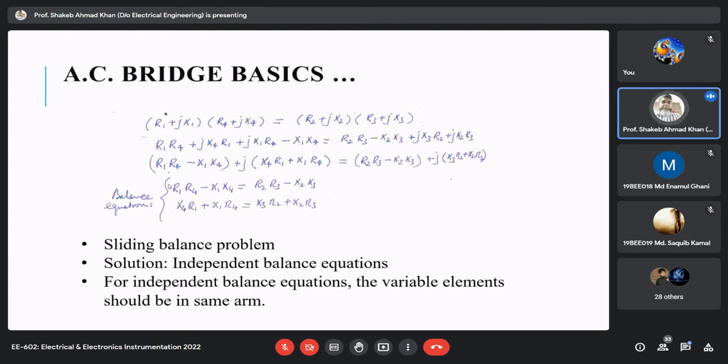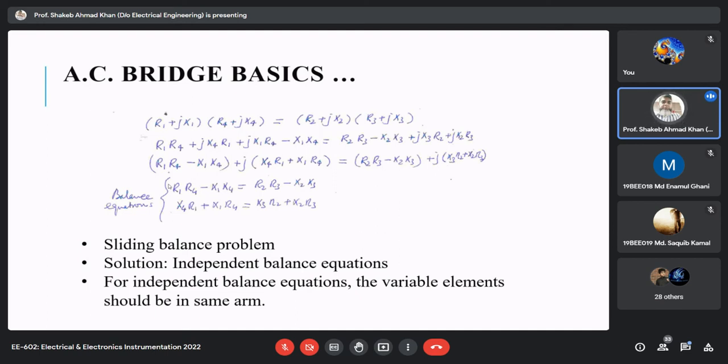When your variable components are present in both the equations, then if a set of values of the variable components satisfies one equation, the other is getting unsatisfied. This is a common thing that happens, and this leads to difficulty in balancing the AC bridge, and this problem is called the sliding balance problem.